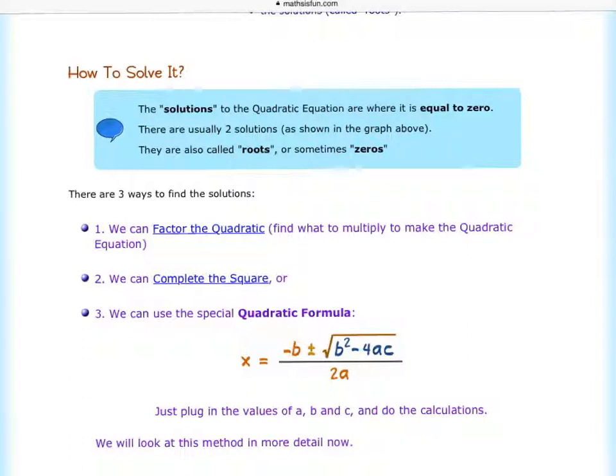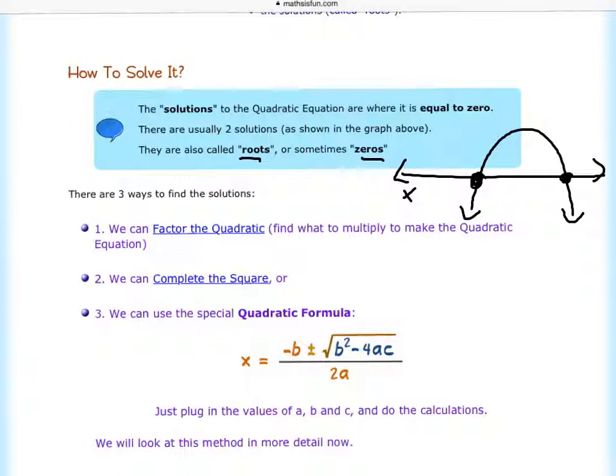And what we're looking for is, if you have a quadratic like that equation, this is the x-axis right here, you're looking for where the quadratic crosses the x-axis, and those are called the roots or the zeros. There are three ways to find the solutions.